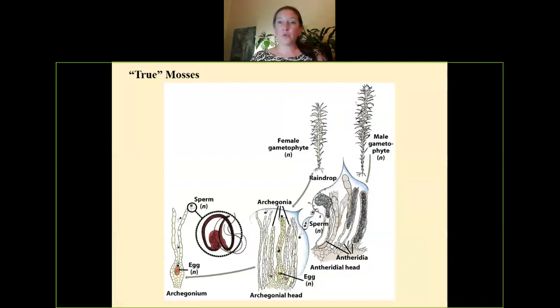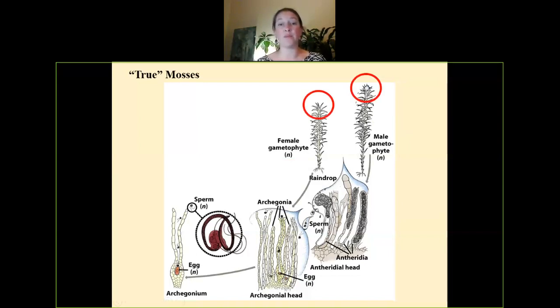Now let's go through alternation of generations with the true mosses. On the top right, you have two gametophyte plants, a male gametophyte plant and a female gametophyte plant. Here's the female gametophyte plant, here's the male gametophyte plant. The top of these plants is where you're going to find your sex organs.